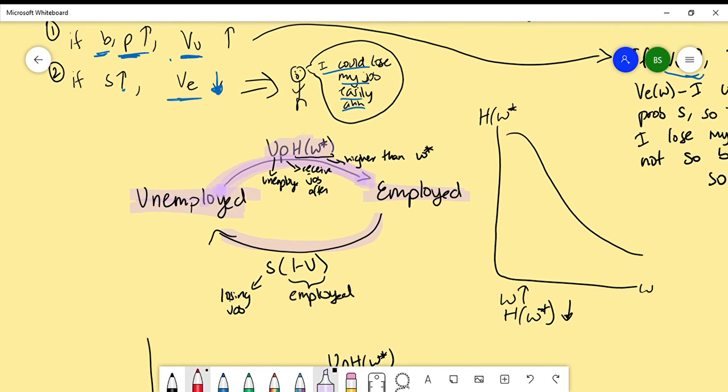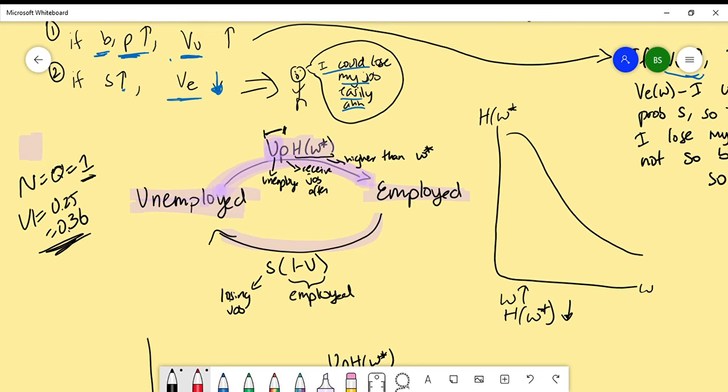So U is the number of people who are unemployed, and remember, since we have N equals Q equals 1, then this U is something like 0.25 or 0.36. It's not going to be more than one, it's all in percentages. So in this case, we don't really have to worry about the percentage rate, because it's basically already in percentages.